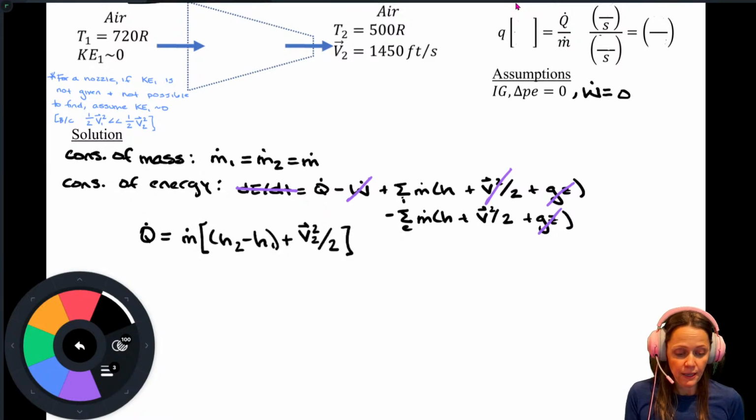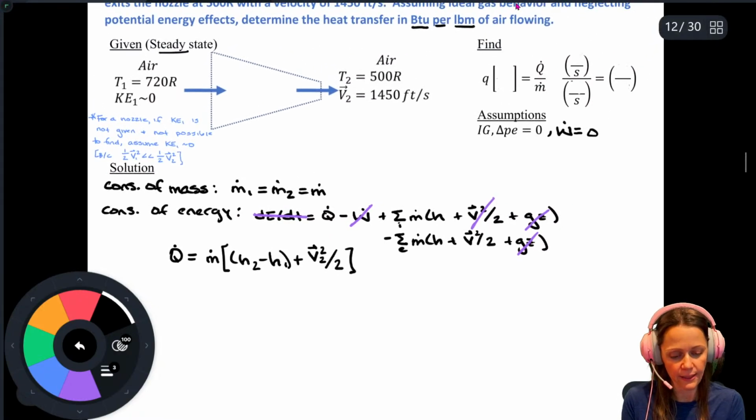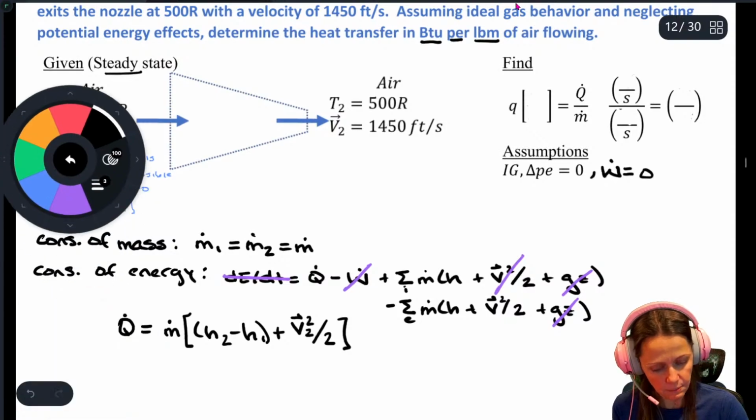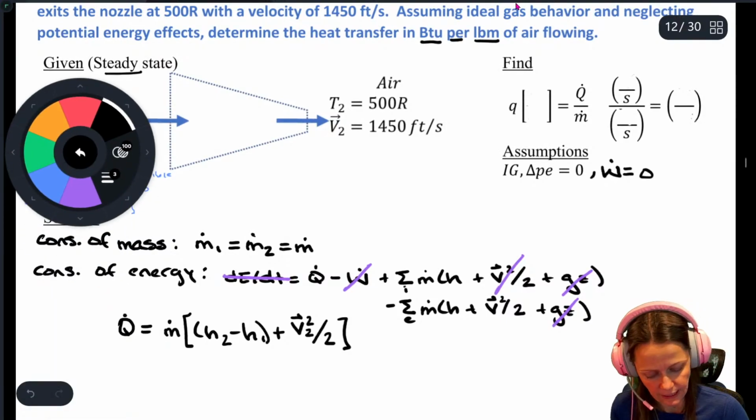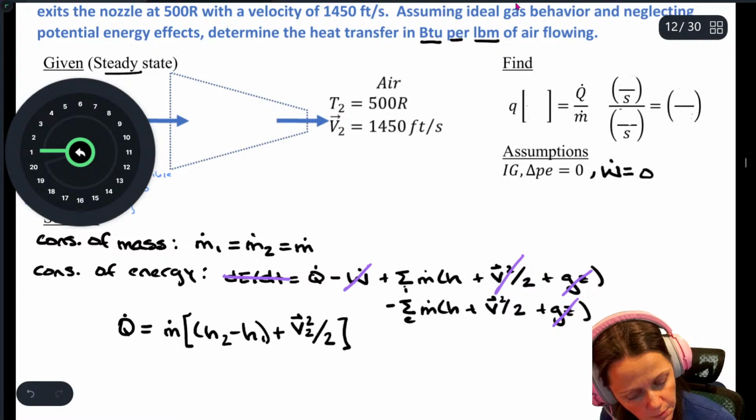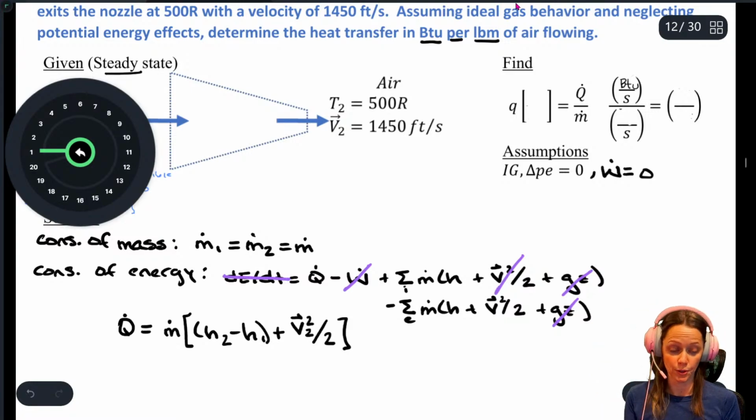Now there's my equation, and that Q dot is going to be in BTU per second, units of energy per unit time.